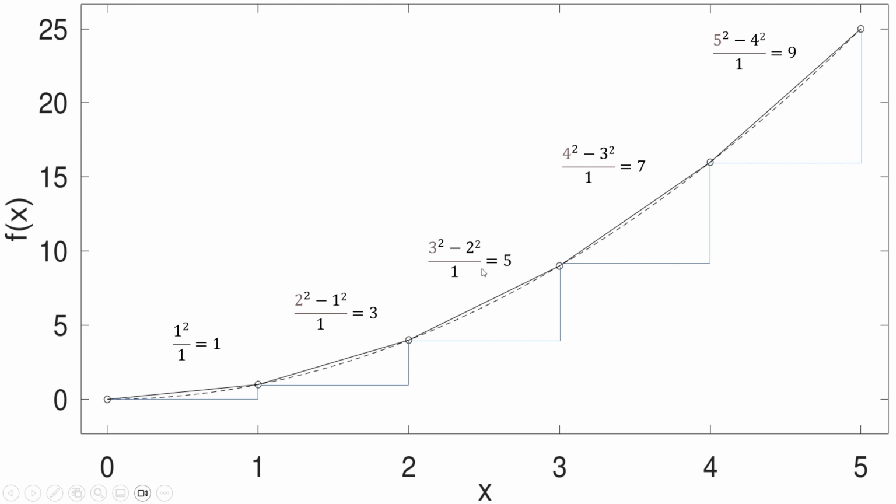Same thing between 2 and 3: 3 squared is 9, minus where we started, which was 4, gives 5, again the same interval of 1. We keep doing that: 4 squared is 16, minus 3 squared is 9, we get 7, and so on and on. Notice we are just getting a nice simple pattern here: 1, 3, 5, 7, 9.